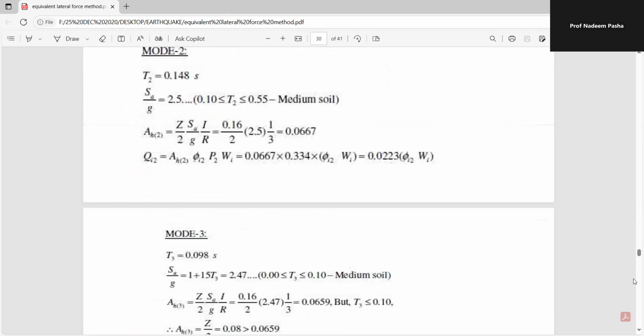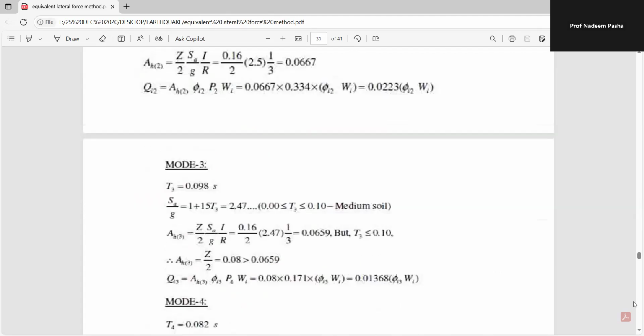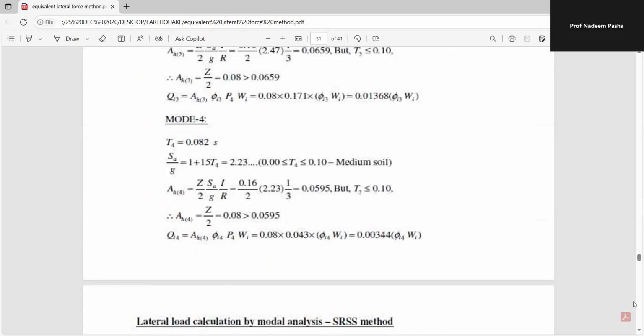Similarly, for mode 2, T2 equal to 0.148 s, and Sa/g is this much. Ah2 is this much. For mode 3, T3 equal to 0.098 s, and Sa/g equal to 1 plus the number T. So Ah3 comes out to be this much. In mode 4, T4 is equal to 0.082 s, and Ah4 comes out to be this much.